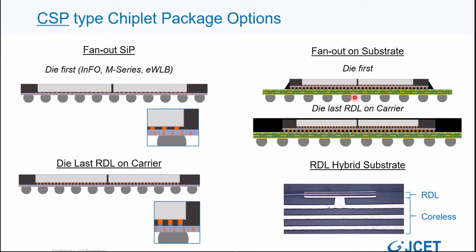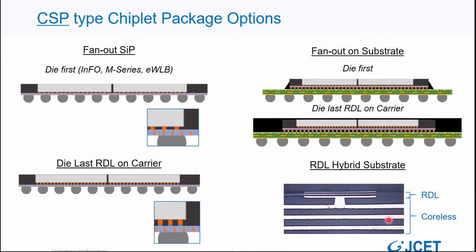And another is fan out on the substrate. This is basically die first fan out for the relatively smaller packaging, because the yield consideration is still valuable. Then for die last, RDL on the carrier, this is also for when we have multiple chiplets and consider no-good-die loss; we also prefer the RDL last on the carrier.